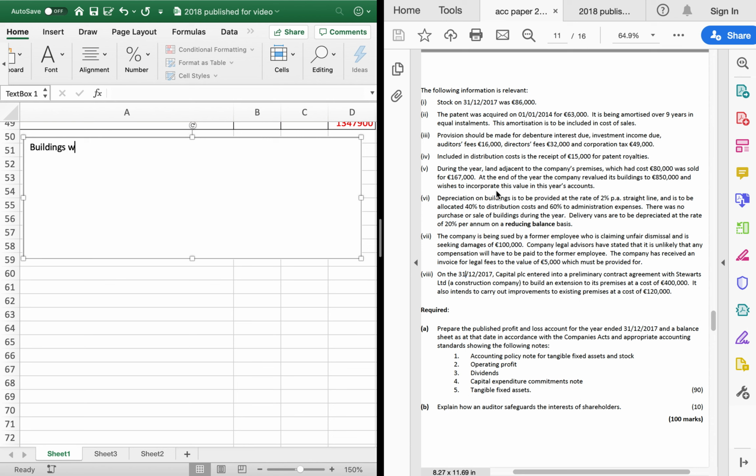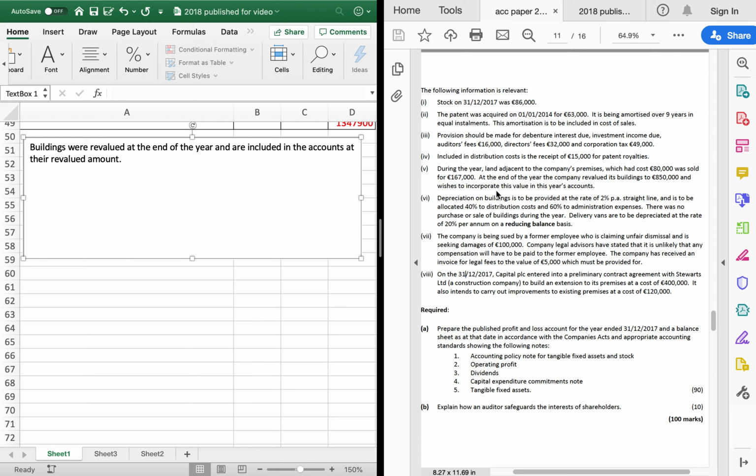So buildings were revalued at the end of the year, and they're in the accounts at the revalued amount. So we write that down.